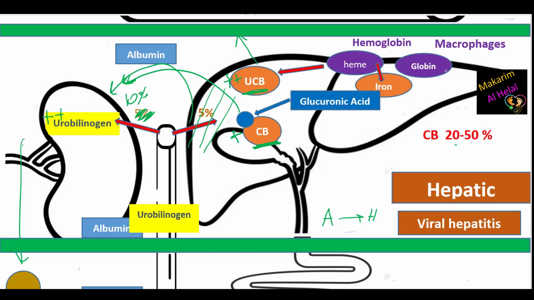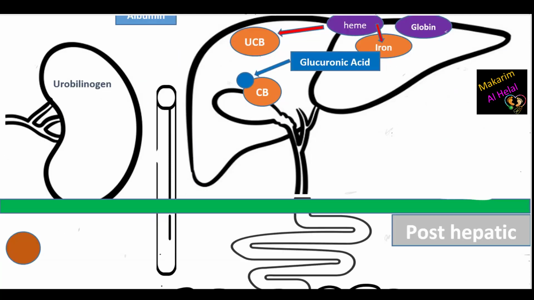Since the conjugated bilirubin is more than 20%, it is now filtered by the kidney, and I noted it as 2 plus conjugated bilirubin. So in hepatic jaundice, we see conjugated bilirubin in the urine, and we see dark urine, and we see normal stool. I will explain now post-hepatic jaundice.